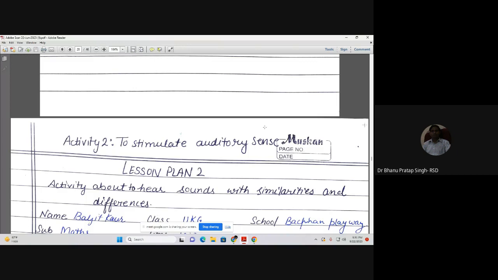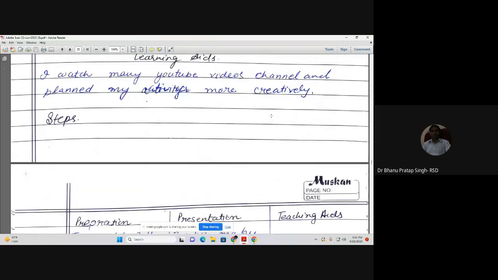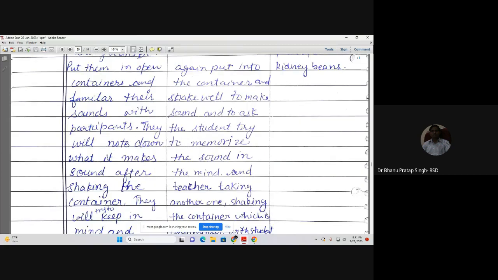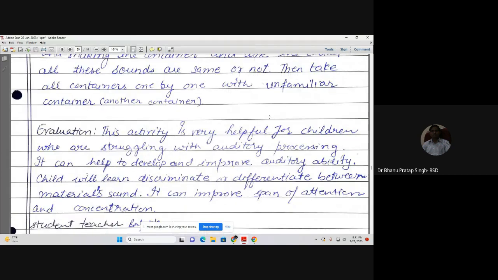This is activity 2. So in total we have to choose 14 activities.